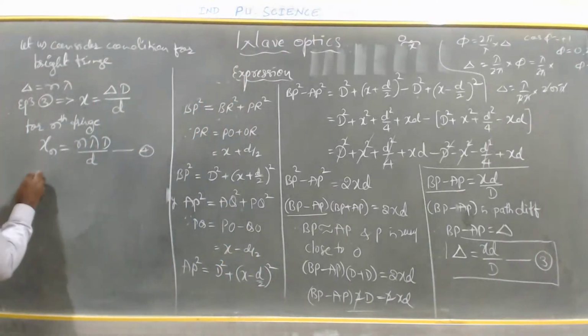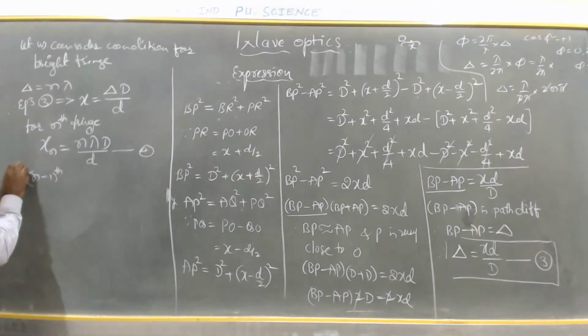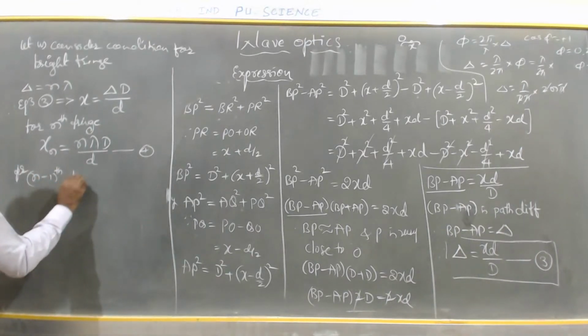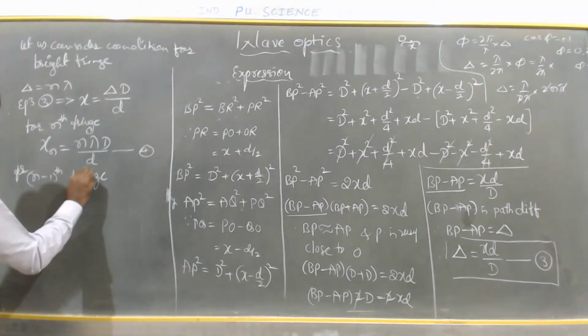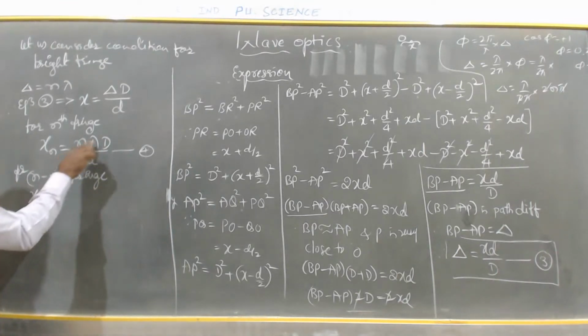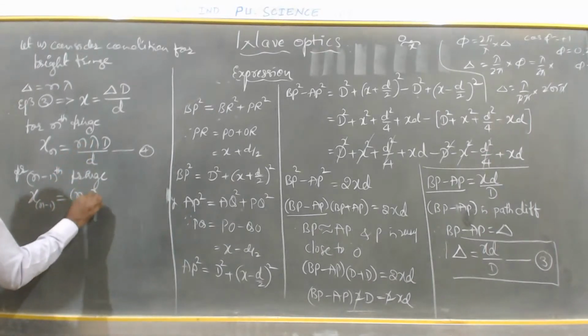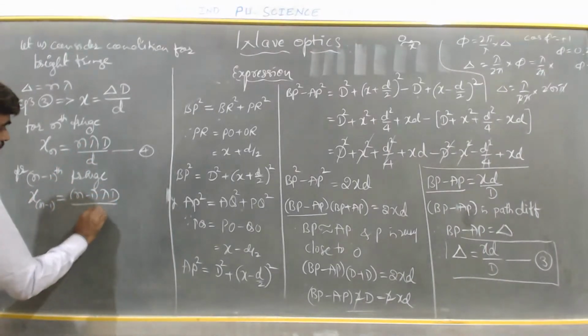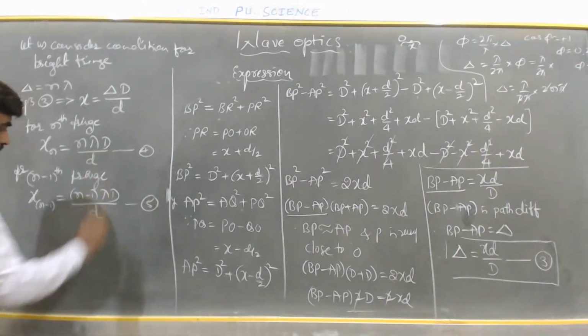Hence for the (n minus 1)th fringe we can write x of n minus 1 equals (n minus 1) into lambda D divided by d. It is equation 5.